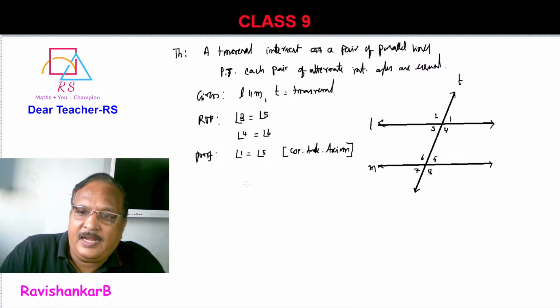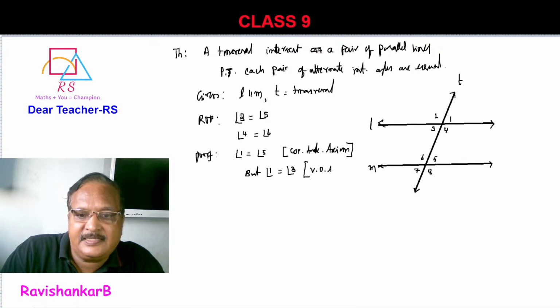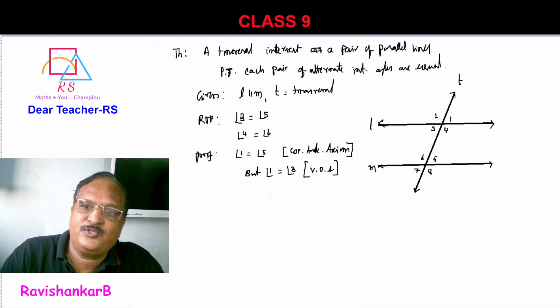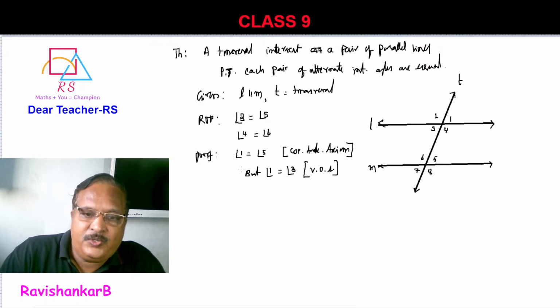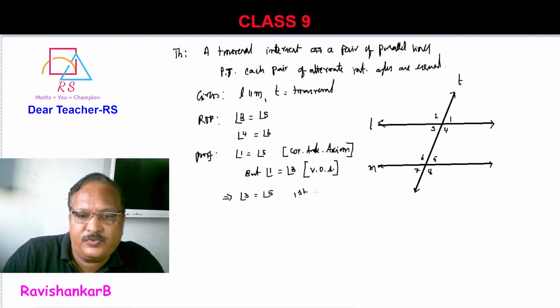In the same way, angle 1 is equal to angle 3 because they are vertically opposite angles. Two lines are intersecting, so a pair of vertically opposite angles are equal. So in the first equation, 1 should be replaced by 3. So that implies angle 3 is equal to angle 5. First one is proved.